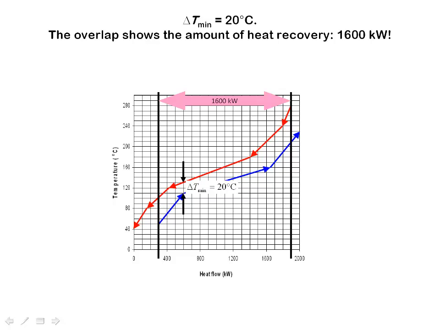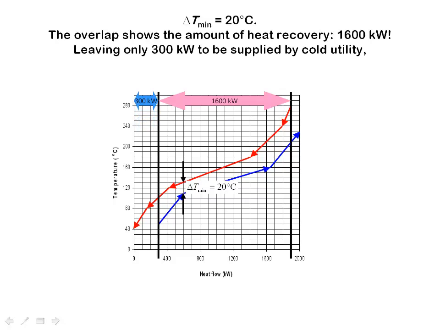Now, there's still some additional heating of our cold stream required, and there's still some additional cooling of our hot streams required. So in terms of the additional cooling of our hot streams, we still need 300 kilowatts of cold utility. And we need an extra 100 kilowatts of hot utility to finish off the heating up of our cold streams.